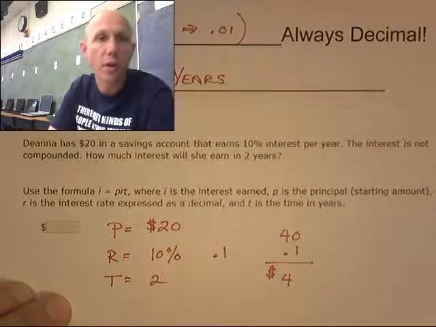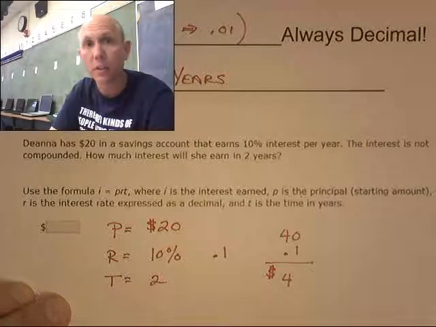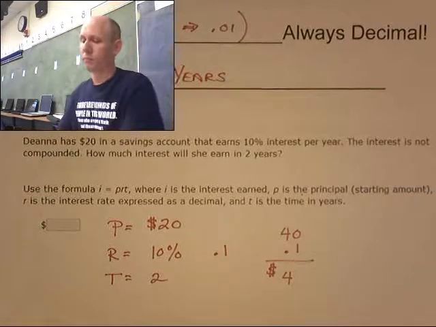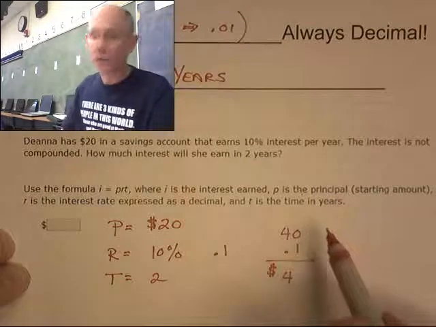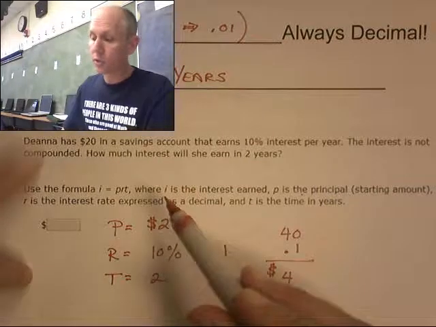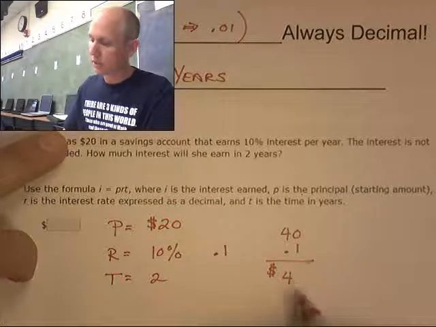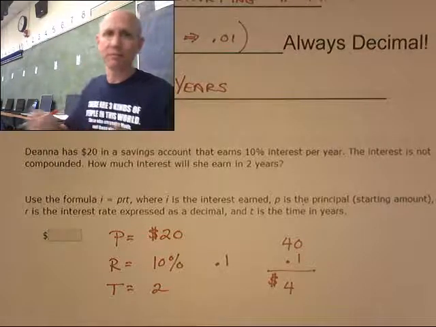She will get $4. If she lets the bank use her money for 2 years, they will pay her $4 for that. Which doesn't sound like a lot, but imagine if it was $2,000. If it was $200, this would be $40. If it was $2,000, this would be $400. So it all scales up nicely.